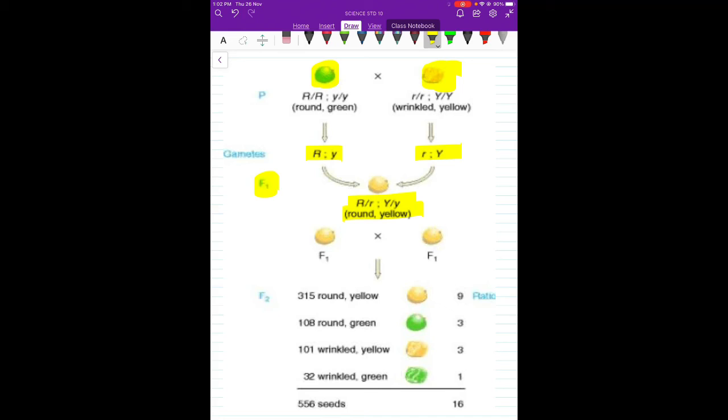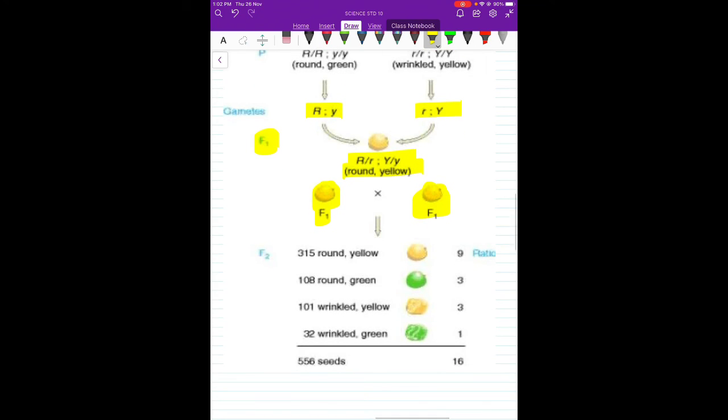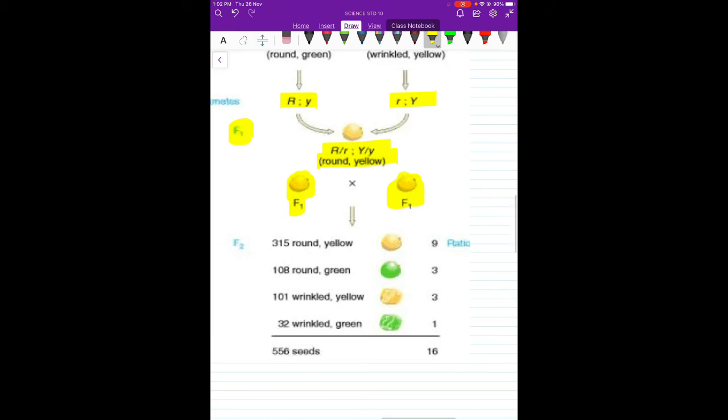Now the first generation was crossed with another first generation, F1 into F1. Here we can see the different ratios. He took a number of plants, but we are just seeing the ratios. Most of them were round and yellow, the ratio is 9. Then came the combination round and green, which was only 3.